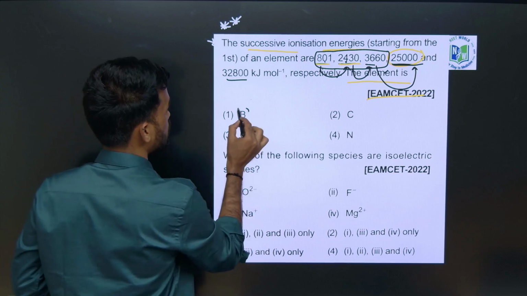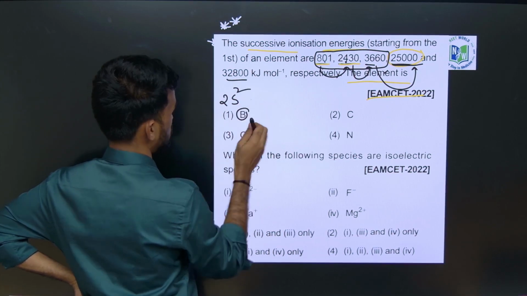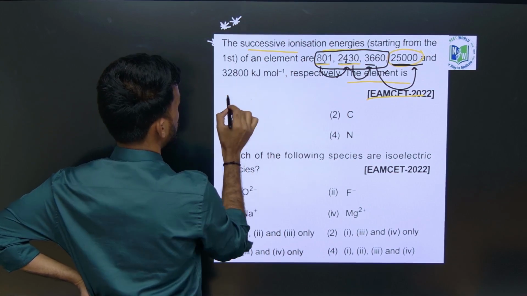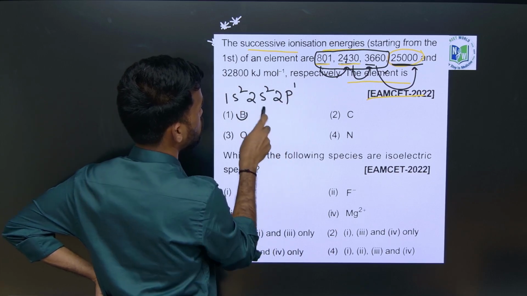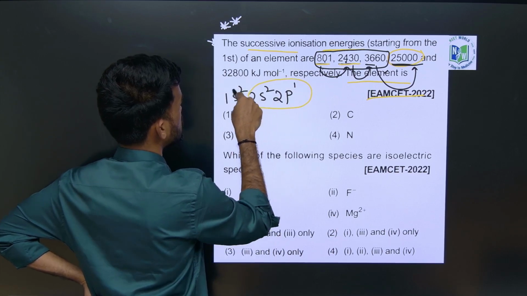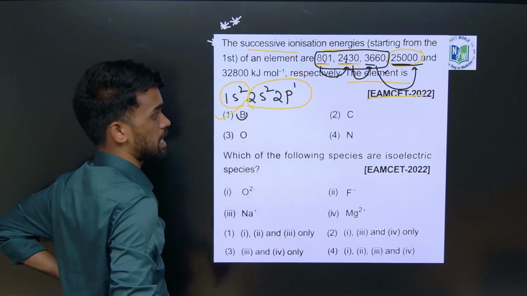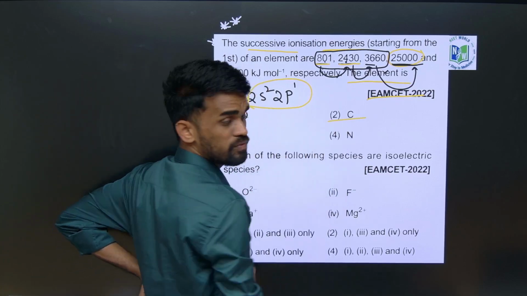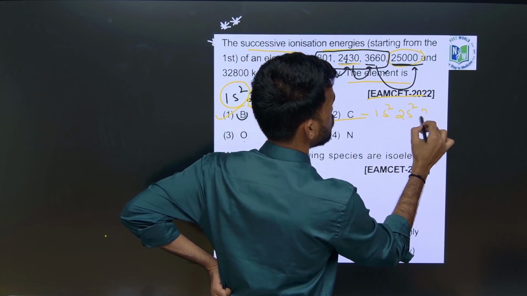When I compare for boron, it is 1s2, 2s2, 2p1. If we remove these 3 electrons, it has helium configuration, which means the first option is correct. For carbon, it should be 1s2, 2s2, 2p2.